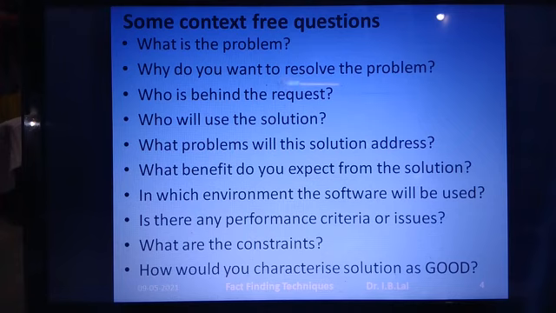Is there any performance criteria or issues based on which you can say that the software is very good or not very good? So what are the issues? Please tell us, so that we can understand your performance criteria, and then we will work in that direction only. What are the various constraints that the software will have to meet during operation?